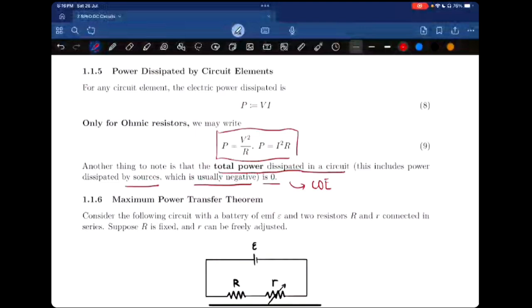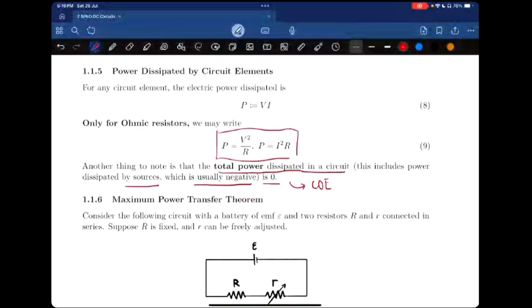Okay. Another thing that might be useful and probably might not be as familiar is the maximum power transfer theorem. The statement is basically you want to maximize the power that is transferred to the load resistor, which in this case is the small r, and small r can be freely adjusted.